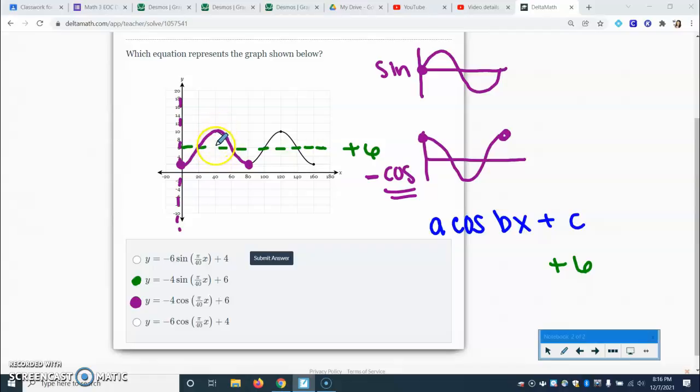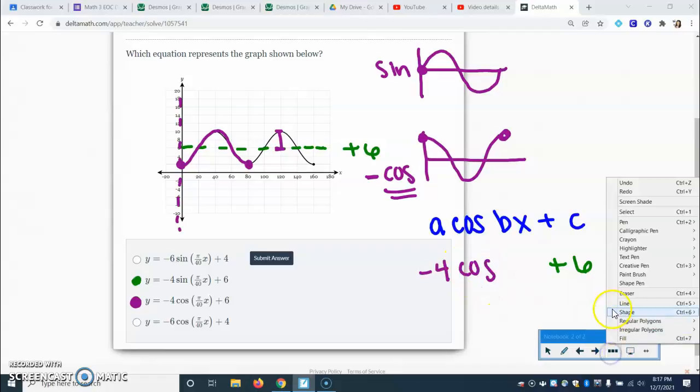It's however far it is from the midline to the maximum or the midline to the minimum. So from here to here, 6, 2, 4 was 4. And because it started at the bottom, instead of starting at the top, I knew that that was negative.